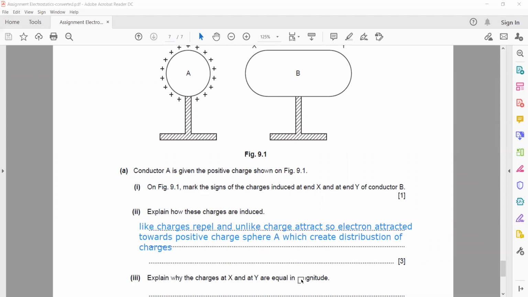Why are the charges at X and Y equal in magnitude, meaning equal in number? If there are four negative, there are four positive. Why are they equal in number?